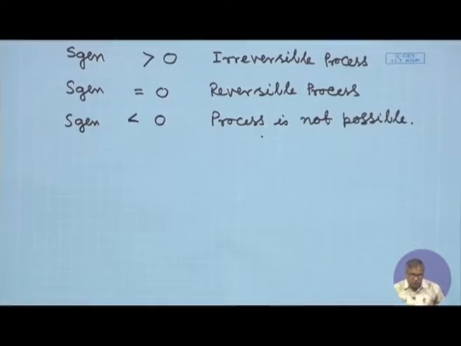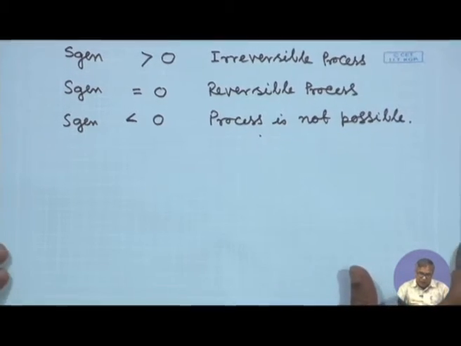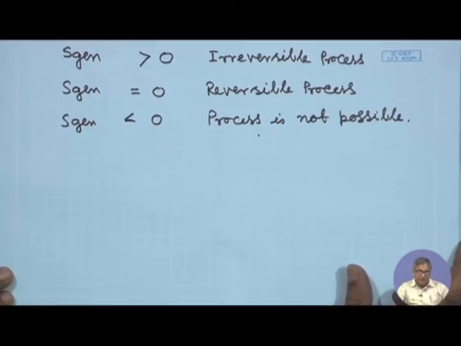So, as I have told, S gen, which I have already introduced, is a non-negative quantity. S gen greater than 0, a positive value, means an irreversible process. S gen equal to 0 is a reversible process, and when S gen is negative, the process is not possible. In other words, it is not possible to have a negative value of S gen. This is another important concept we get from our entropy principle and entropy generation.